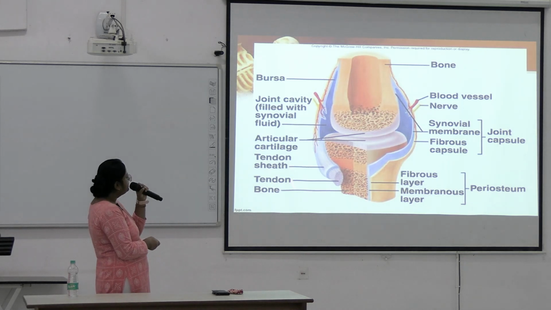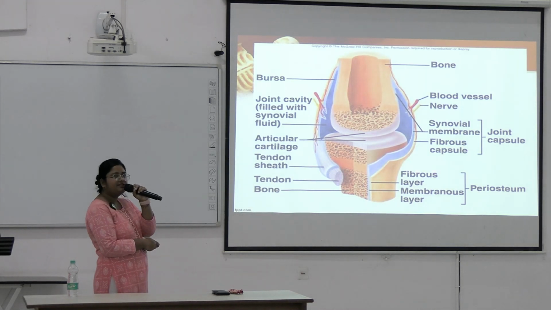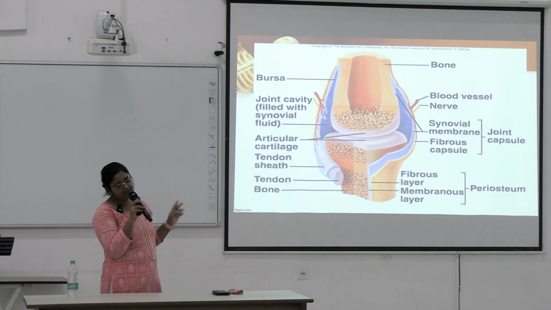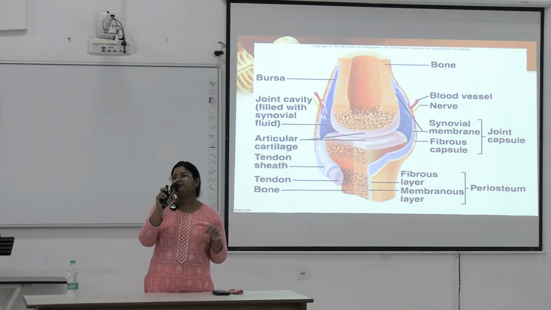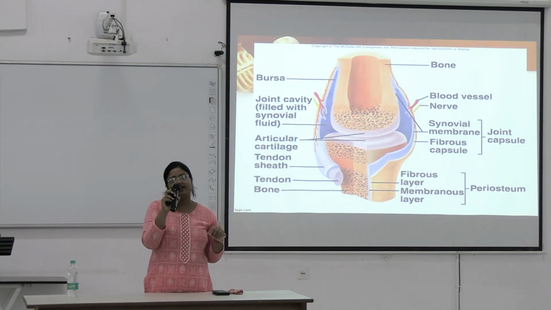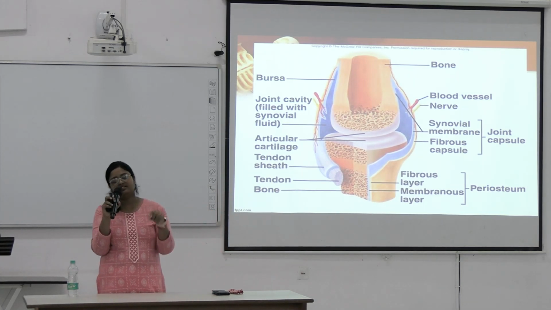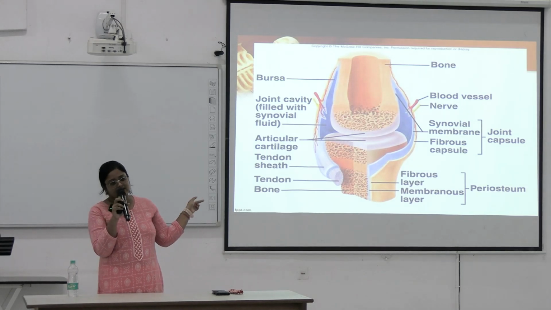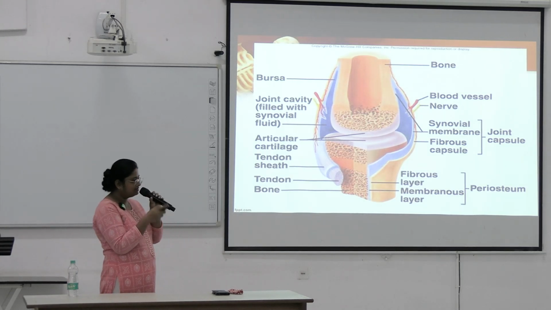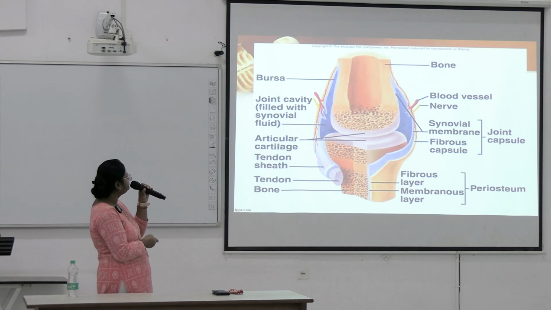Synovial membrane and some synovial fluid are also present. Yesterday we learned the contents of the bicipital groove, the long head of the biceps brachii along with the synovial sheath. That synovial sheath was an extension from the shoulder joint. Like this, here it has been shown in this picture.